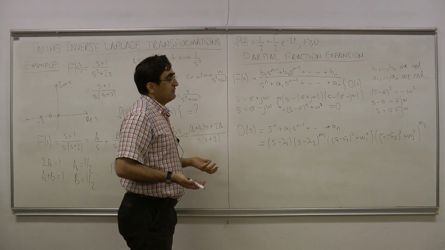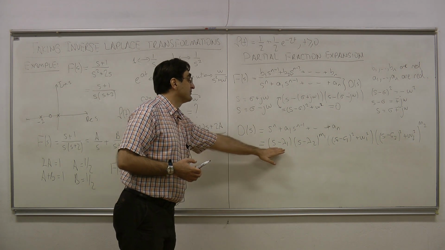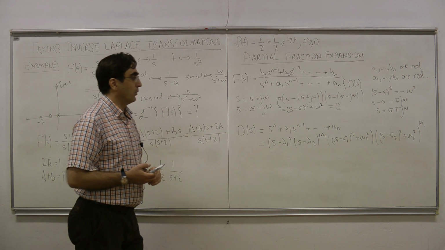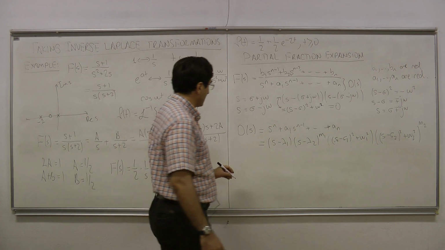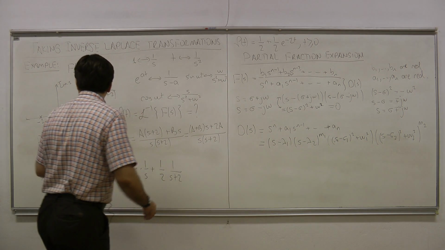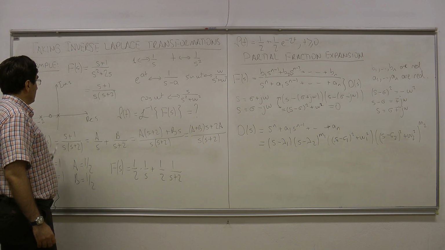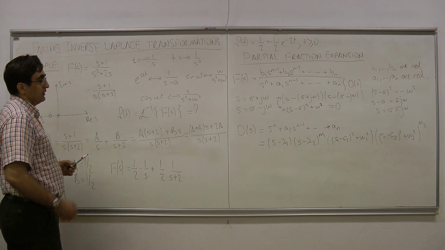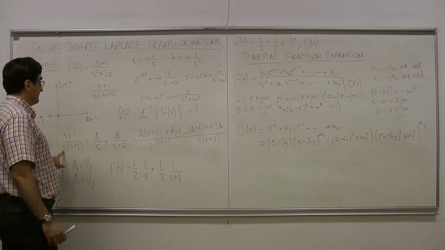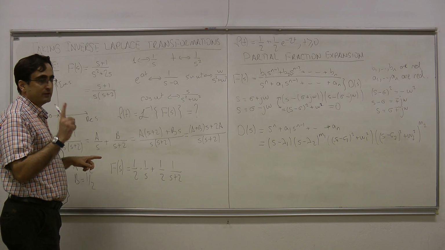And how can we actually make a partial fraction expansion if D of s is in this form? Okay? Let us try to see. So if I go back to the earlier example, I have the denominator s times (s plus 2). In that case, I would have two real poles with multiplicity 1.